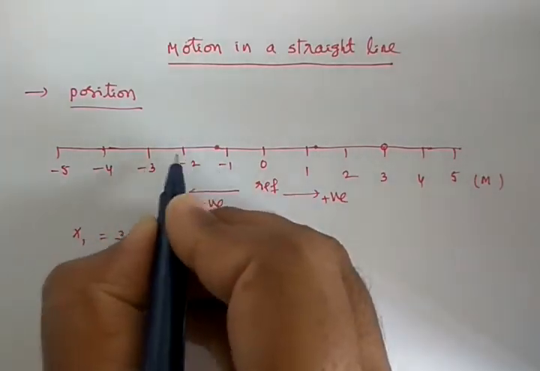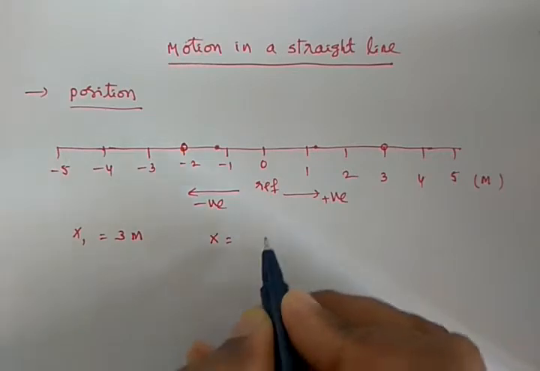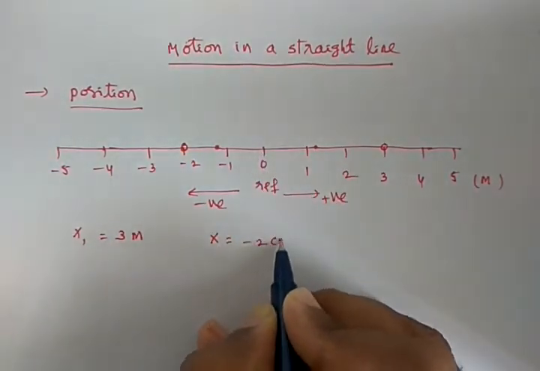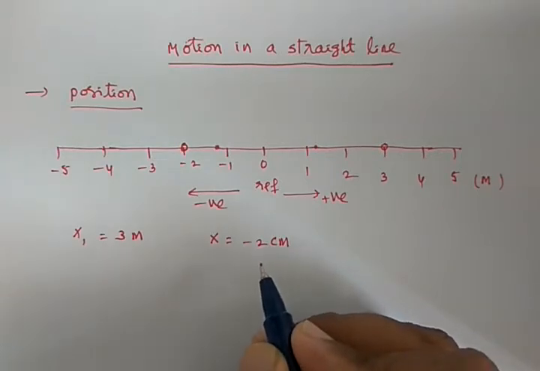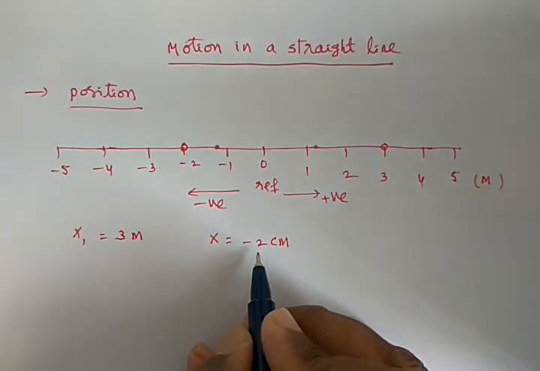If you find body somewhere here, then you can write down location of the body or position of the body with respect to this frame as -2 centimeter. So now position of the body can be positive or negative.